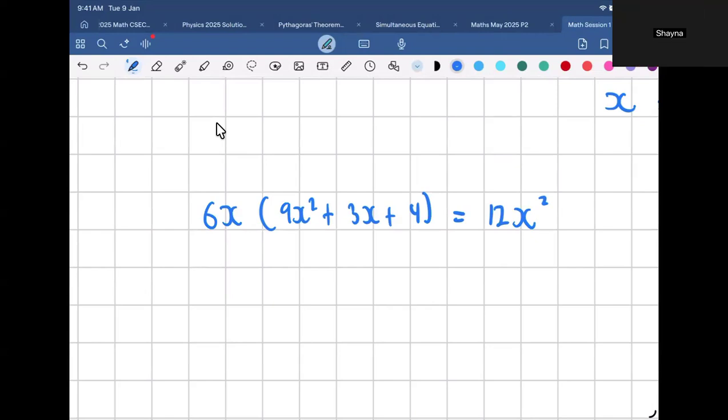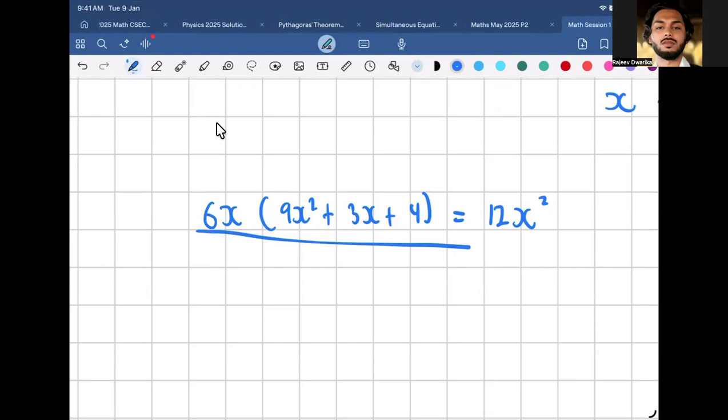Divide by the 6x on both sides. You could go one step further. Instead of just dividing by 6, you could divide both sides by 6x.